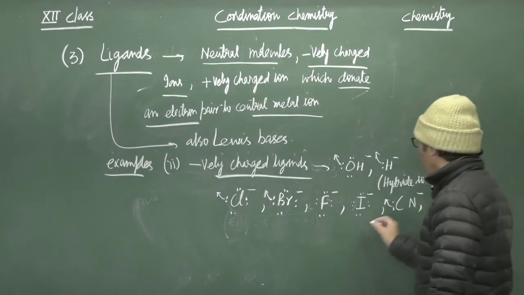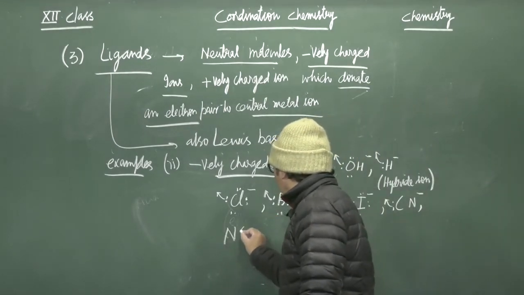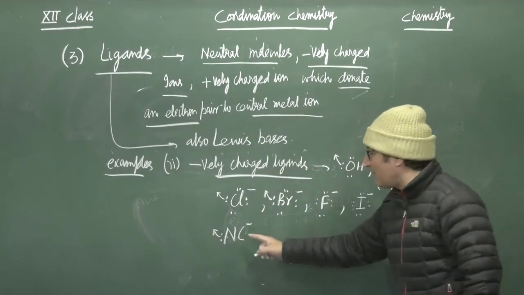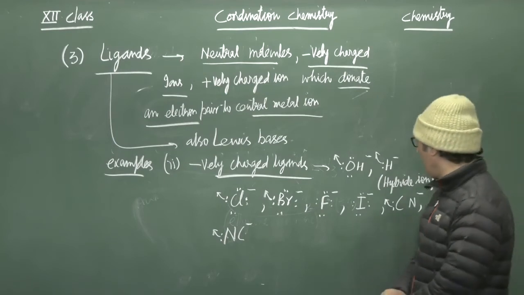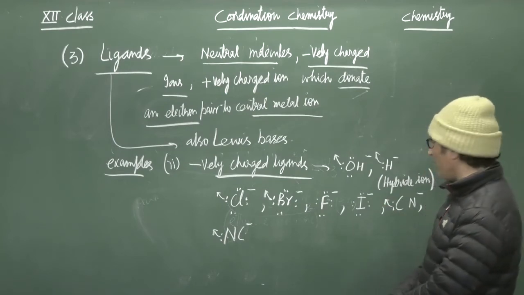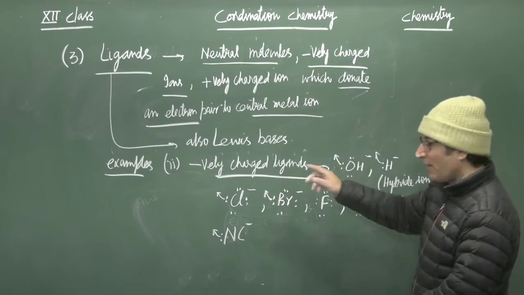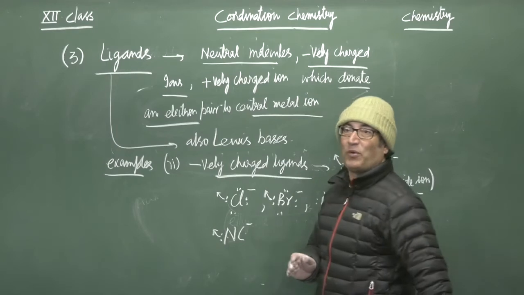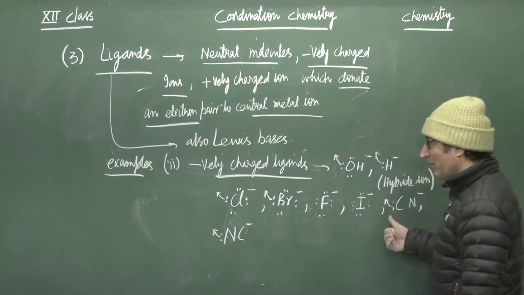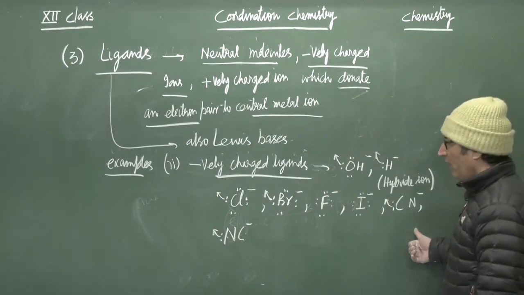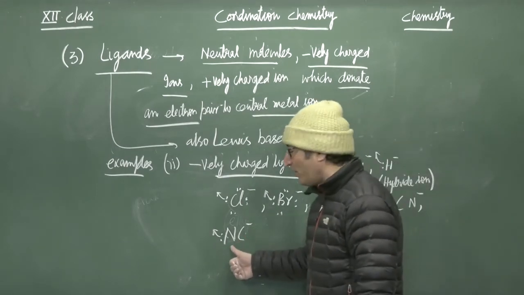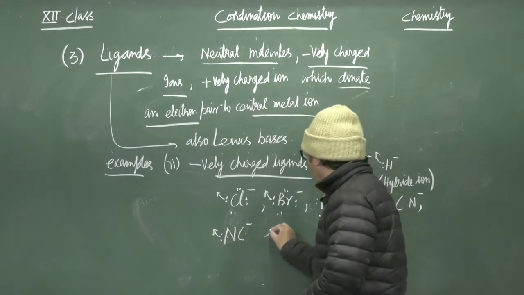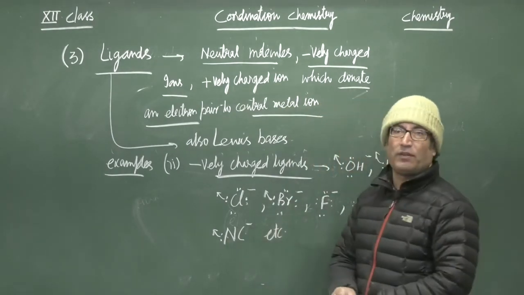And NC negative is called isocyanide. So CN and NC is a special type of ligand. It has got 2 donor sites or donor atoms. It can bind with the metal either through carbon or through nitrogen, but simultaneously it cannot use both of them. Either through carbon, then you call it cyanide, and if it binds with the metal through nitrogen, then you call it isocyanide. Okay? Similarly, there are many examples of negatively charged ligands.